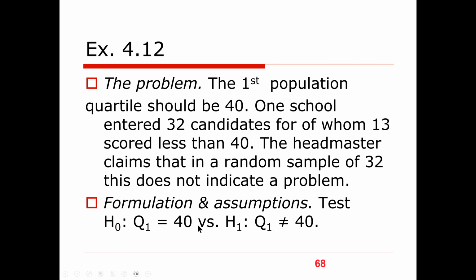We want to test if it equals 40. This test actually should be better to use a one-sided test. But anyway, our textbook uses two-sided. We can compare the difference between when we use a one-sided test or a two-sided test. Let's first look at the two-sided test.